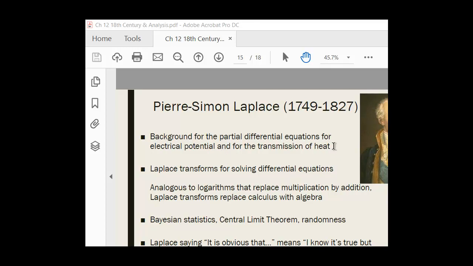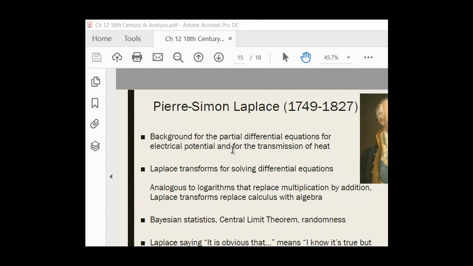For example, for the transmission of heat, you put a cooking pan on a fire, and how does the metal warm up? Or for potential, you rub an inflated balloon on a piece of wool, and then you touch your neighbor's fancy hairdo, and it messes it all up because of static electricity. So the description of electrical potential like that uses some of the math that Laplace came up with.